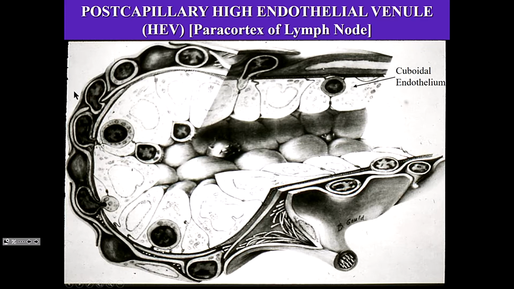Remember, there's the subcapsular, trabecular, medullary sinuses. So then the lymphocytes have got out of the blood vessels into the parenchyma of that loose scaffolding of the lymph node, looking out for any pathogens that are draining through the lymph node. Because remember, the lymph node is the filter of the lymphatic fluid.